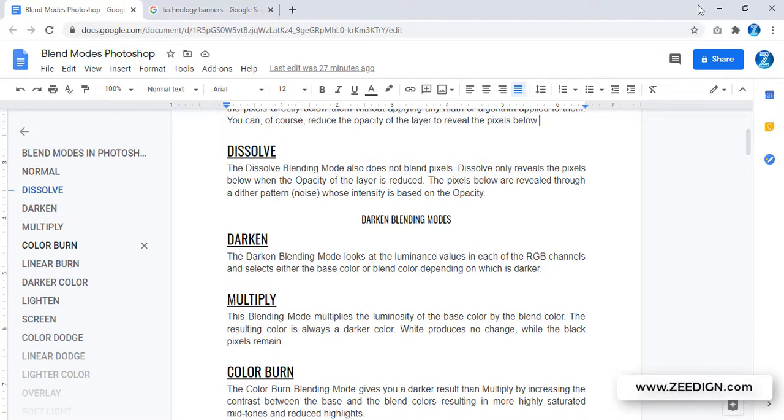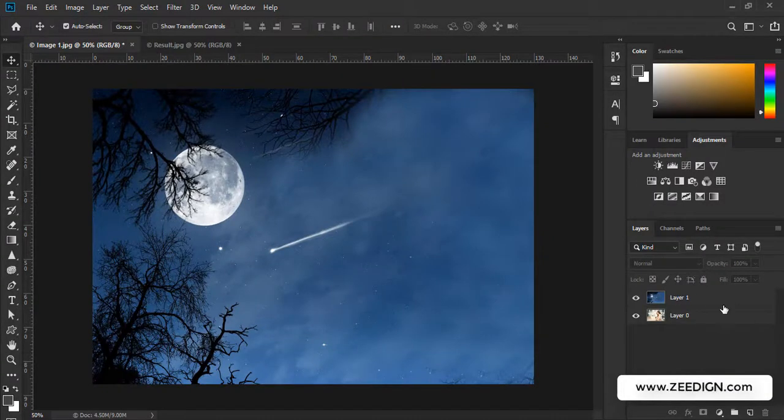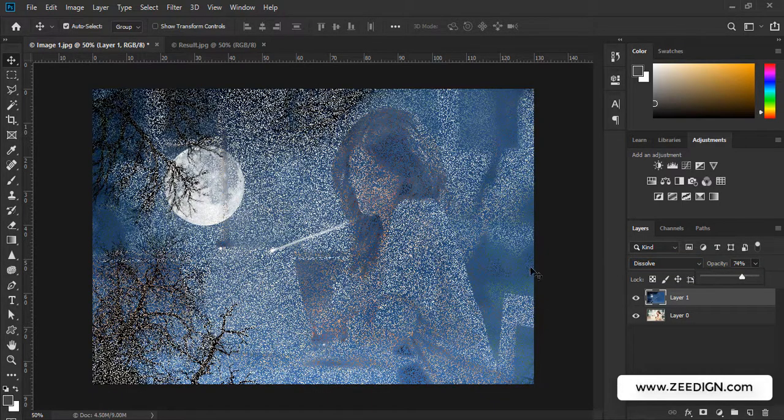Alright, so the next one is dissolve. Let's learn dissolve. If I pick dissolve, you will notice nothing has happened, just like in the case of normal. But how is it different from normal then? Well, in the case of dissolve, if I reduce the opacity, you will see this is quite different from the normal one.